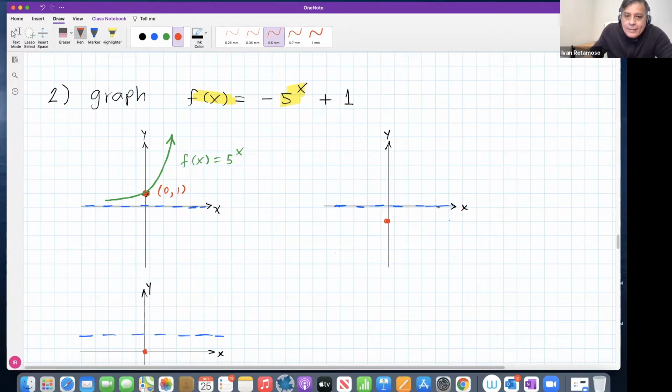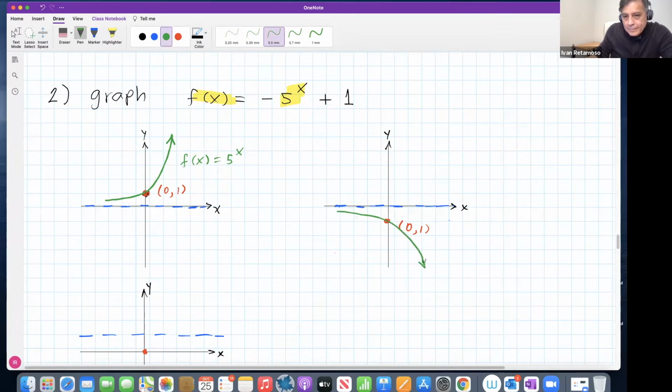Since the reflection is about the x-axis, the horizontal asymptote will stay at the same place. But this point will be reflected down here. Now it will appear here, and the whole graph will be the mirror image of this guy down here. So we're talking about this guy now.